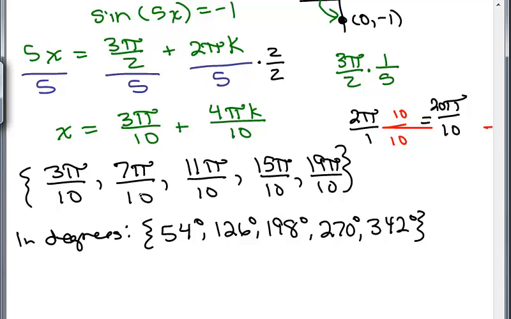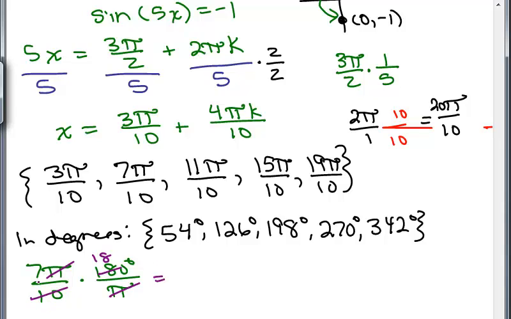For instance, is 7 pi over 10 the same as 126 degrees? Well, let's just check that out real quickly. If we have 7 pi over 10 and we want to change that to degrees, you could just multiply by 180 over pi. And let's see, 10 goes into 180 18 times.